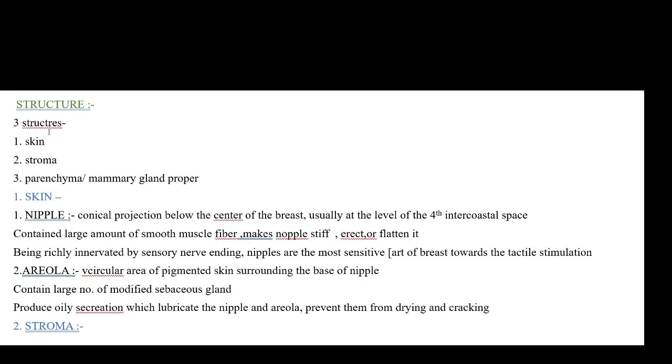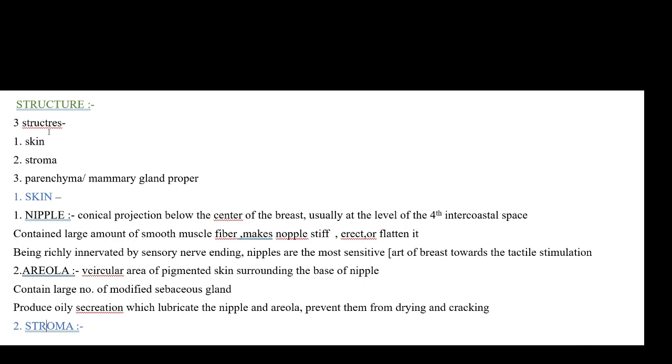Nipple is a conical projection which is basically present below the center of the breast, meaning the nipple is present in the fourth intercostal space. It contains a large amount of smooth muscle fiber, due to which our nipple becomes stiff, erect and flattened.